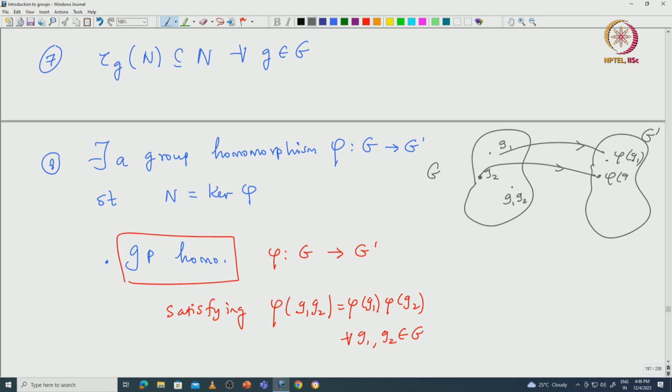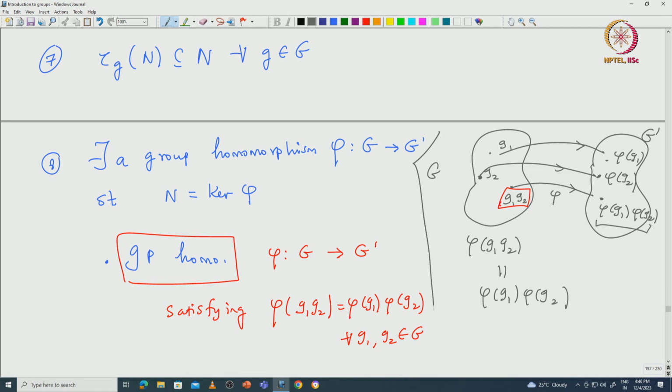Then this product g1 g2 should also be mapped to the respective product, phi of g1 times phi of g2. This product is happening in G dash. That is what phi does. So phi of g1 g2 must be the same as phi of g1 times phi of g2. That is the demand that we put for a group homomorphism.